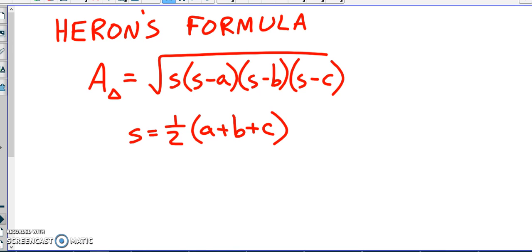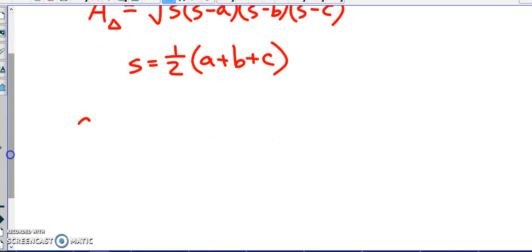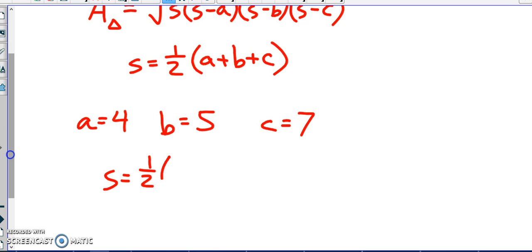So consider a triangle that has side lengths 4, 5, and 7. All you would have to do to find the area of this triangle is compute the semi-perimeter. So S would be 1/2 of 4 plus 5 plus 7. And that would come out to be 8.